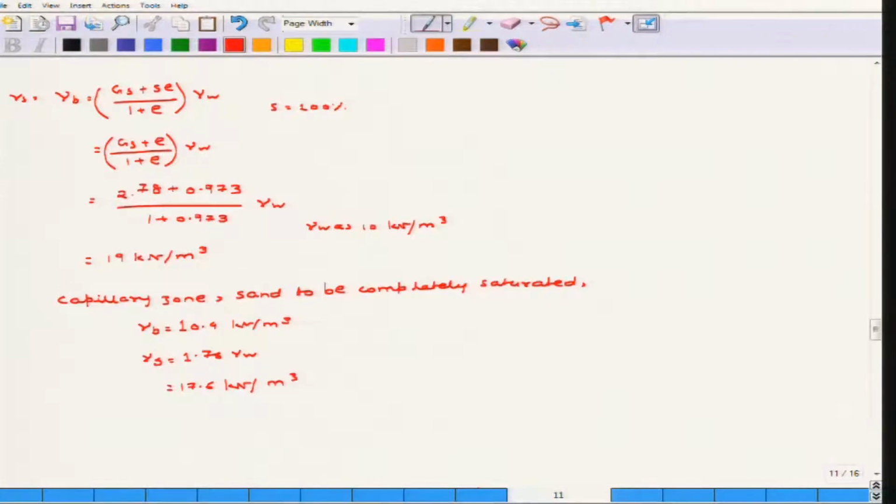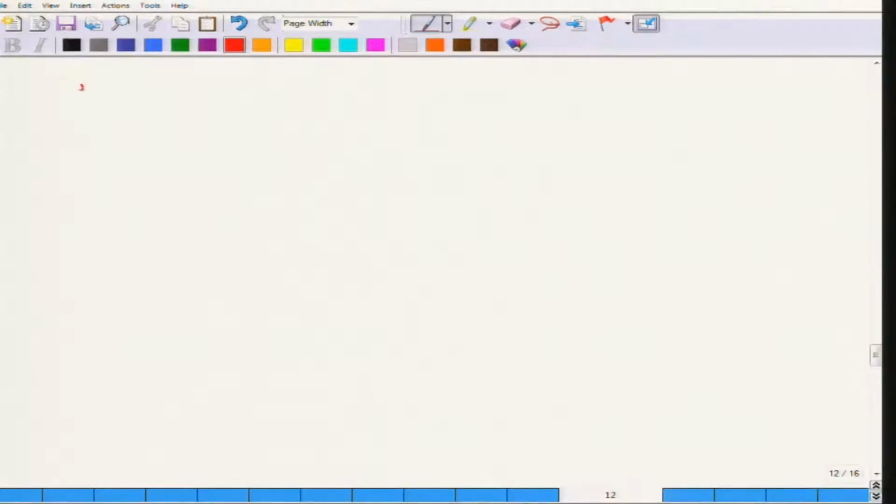Okay. So, then you have to find out what is the height of this capillary zone. Let us consider this height of the capillary zone to be 1.5 meter. Now, you can find this out easily from h equal to C by e into D10, from Hazen's formula, but here in this problem it is given that the height of the capillary zone is 1.5 meter. So, we will have sigma naught at the middle of the clay layer.